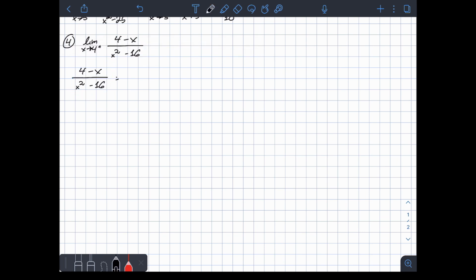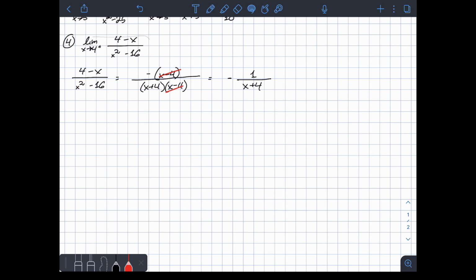Do this: negative x minus 4 over x plus 4 times x minus 4 is equal to, just cancel it out, negative 1 over x plus 4.